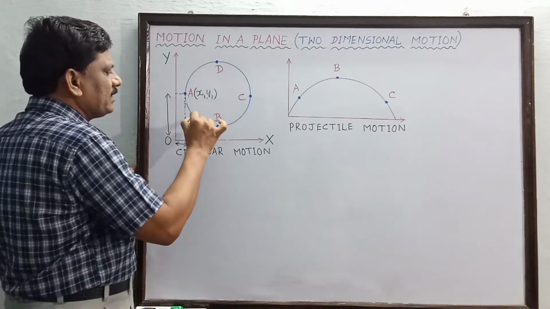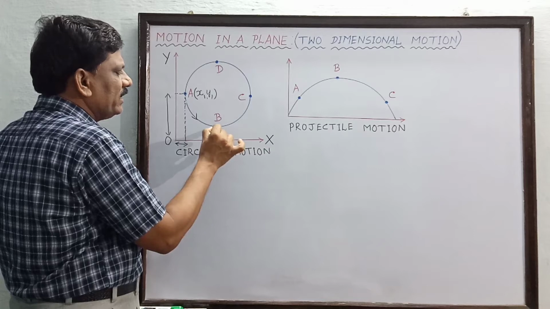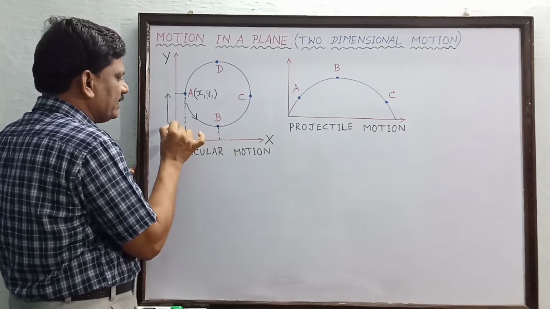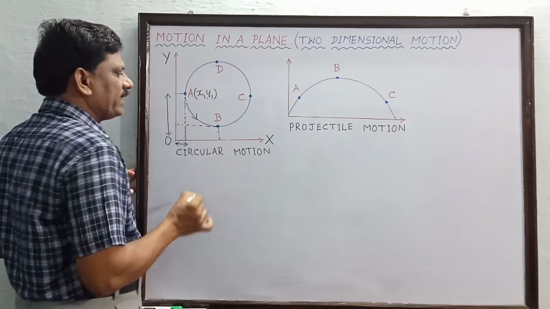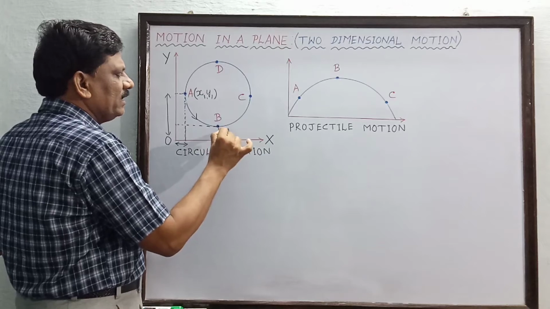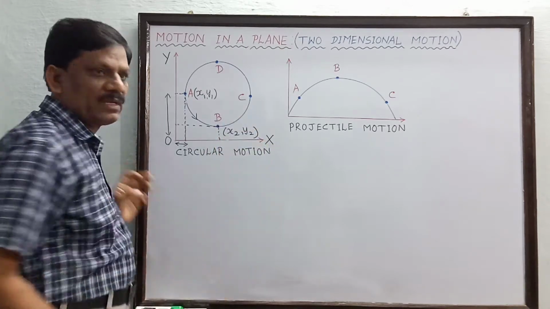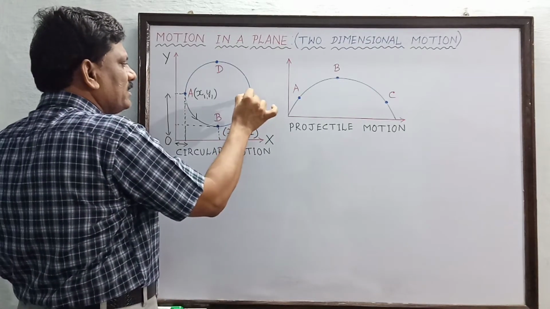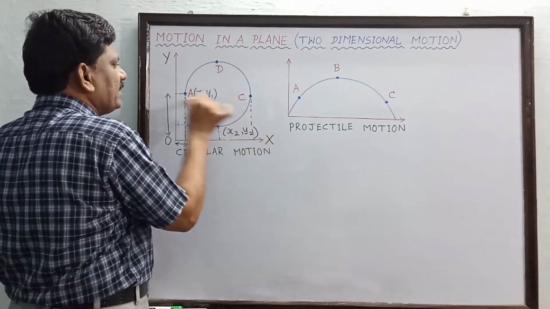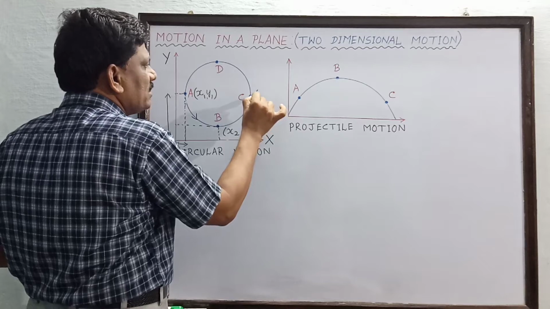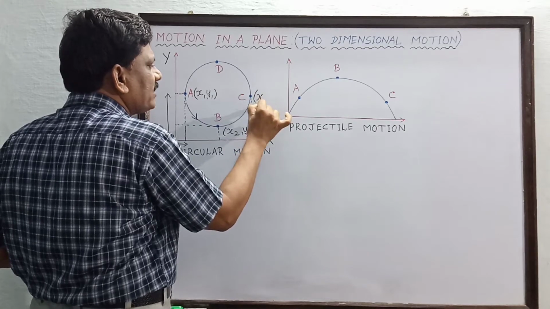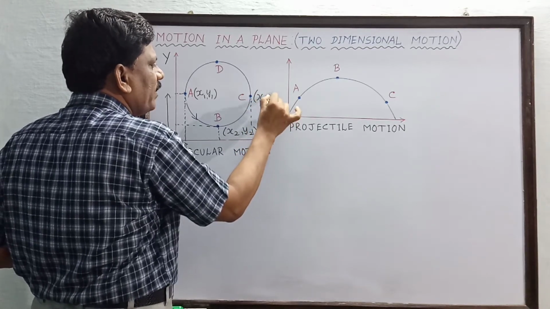Then when the particle is coming from A to B, you project on the x-axis and also on the y-axis, so that its coordinates are x2, y2. Similarly, you project this point C on the x-axis and the y-axis. It will have the coordinates x3 and y3.